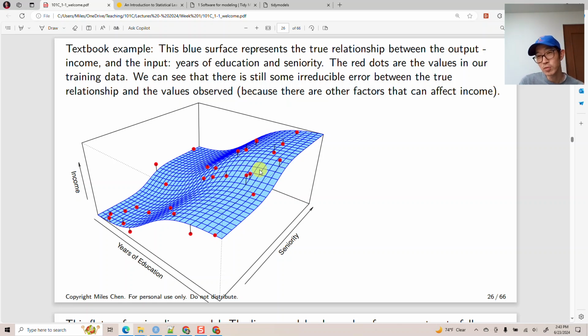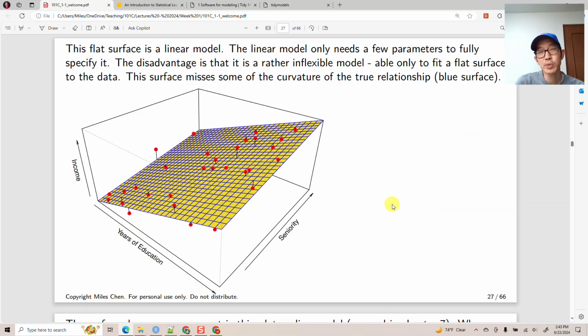And that's down to just personal differences and things like that, luck and stuff. Things happen where some people might be higher or lower than what the true relationship is. And statistical modeling or statistical learning is all about trying to estimate what this true relationship, what this blue surface might look like.